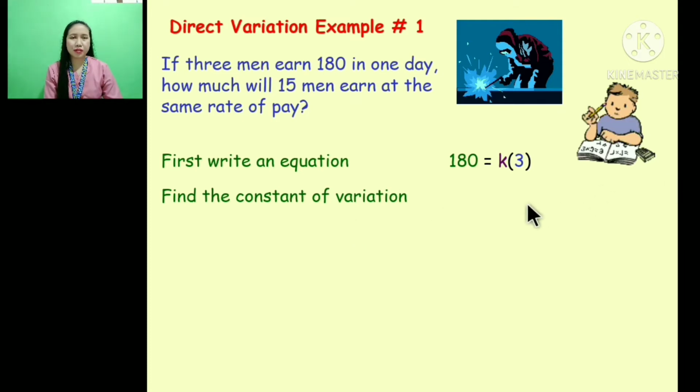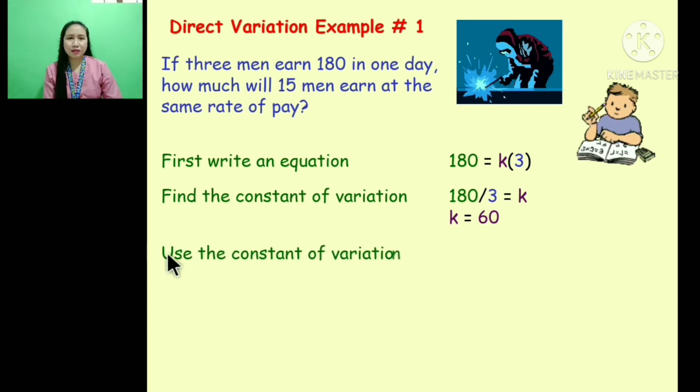In order to find the constant, we're going to divide both sides by 3. So we have now 180 divided by 3 is equal to k. So 180 divided by 3 is, very good, 60. So our constant now or k is equal to 60.